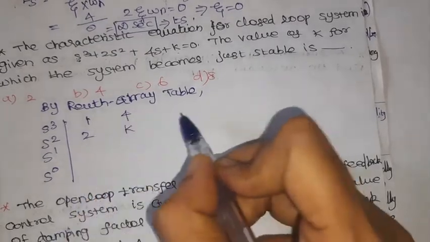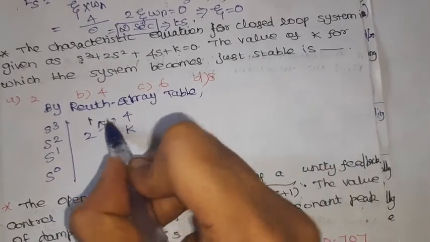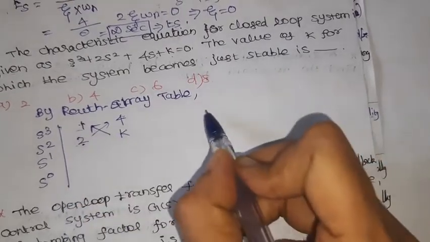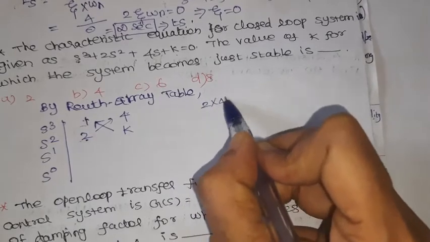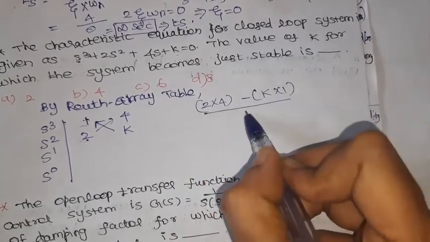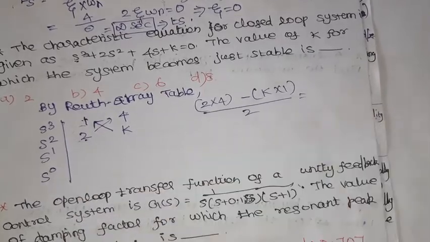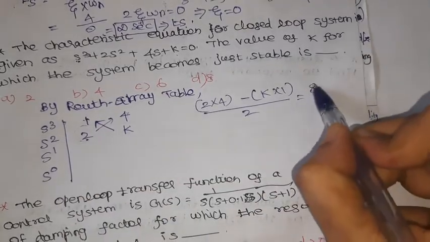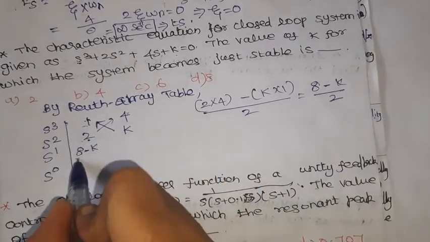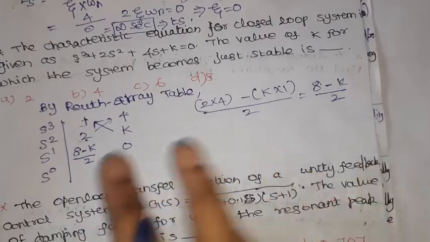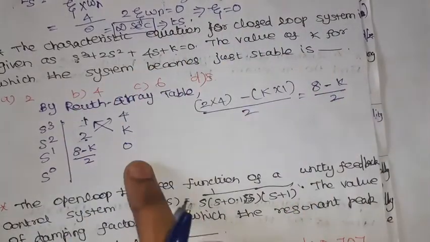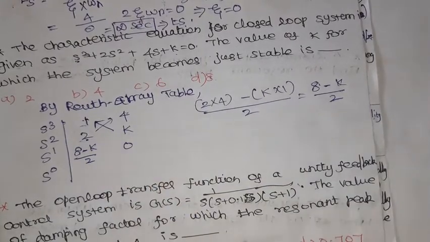Cross multiply: 2 into 4 minus k into 1, divided by 2. So we get 8 minus k divided by 2. Here we don't have any other column to form this, so I put 0.